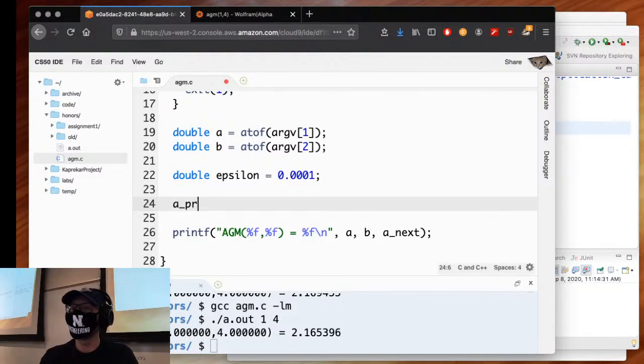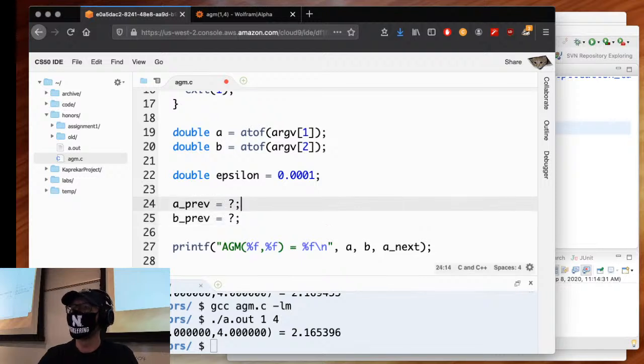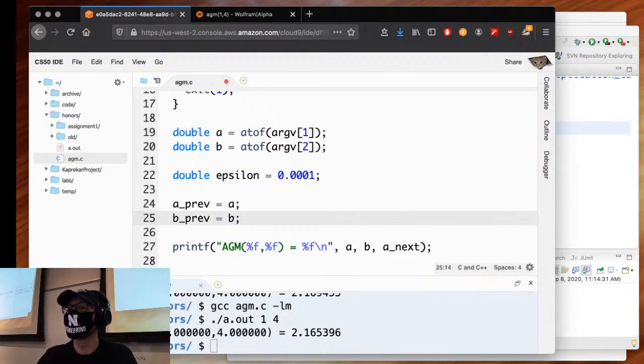So A previous, I'll initialize that to something. B previous, I'll initialize that to something. Where should I start these? I could start them at A and B, right?